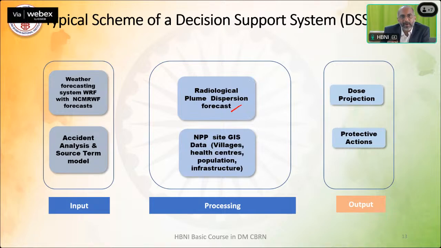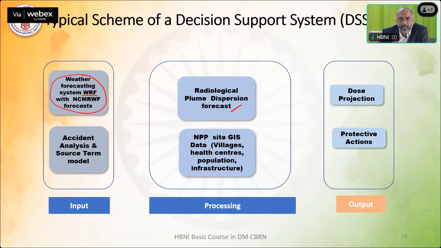As part of the dispersion calculation, one of the important inputs is weather forecasting. There we use WRF models, Weather Research and Forecasting models, for forecasting the weather and meteorological conditions. So that is one of the inputs that goes into the dispersion modeling.